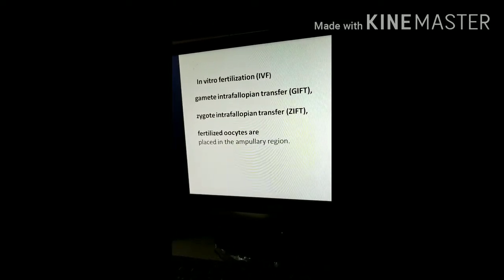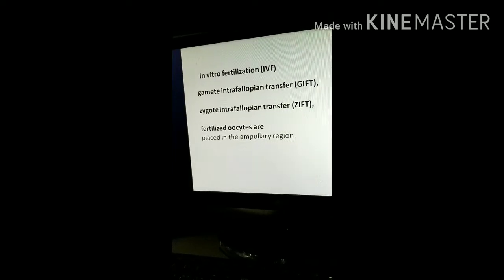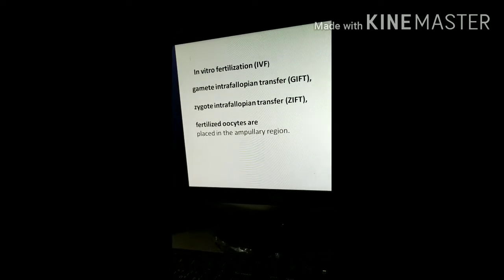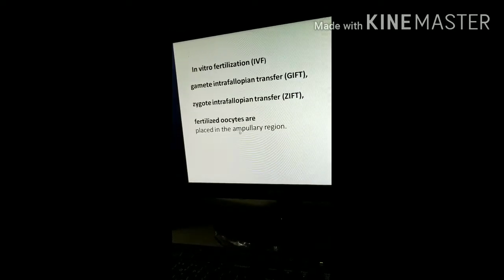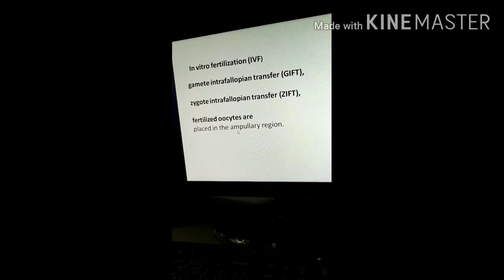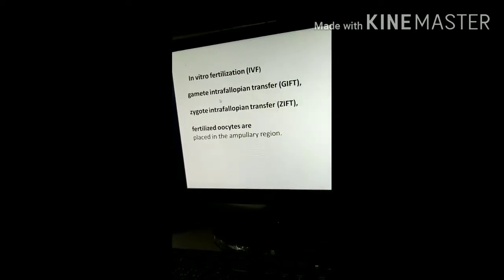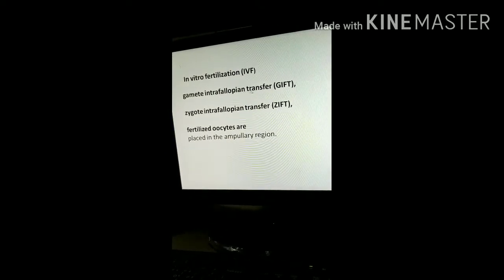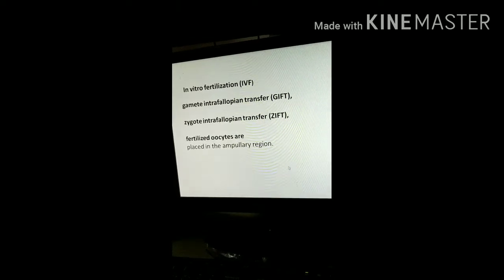What are the treatments for this infertile couple? First, fertilize outside the body, and after that it is placed in the ampulla region. Like in vitro fertilization, gamete intrafallopian transfer, zygote intrafallopian transfer.